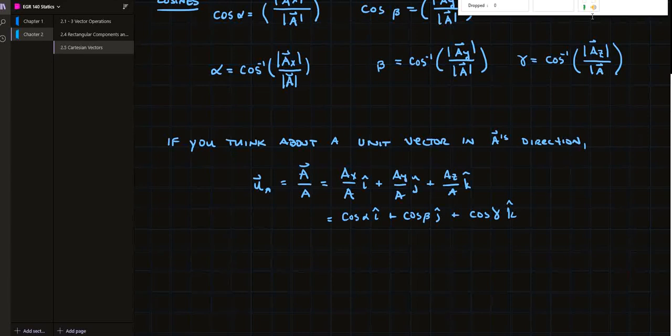And we know with a unit vector the magnitude of the unit vector equals 1.